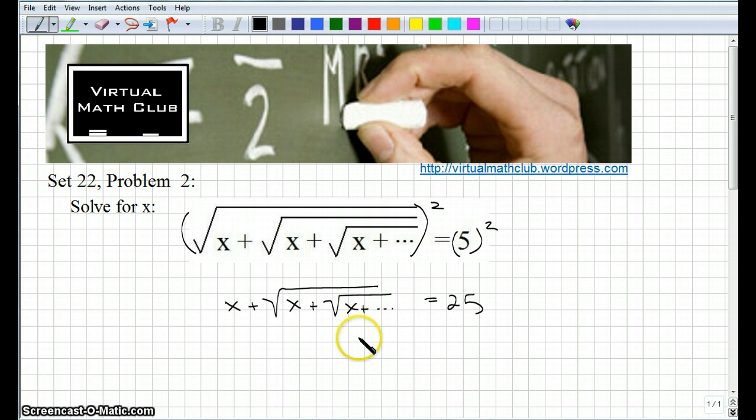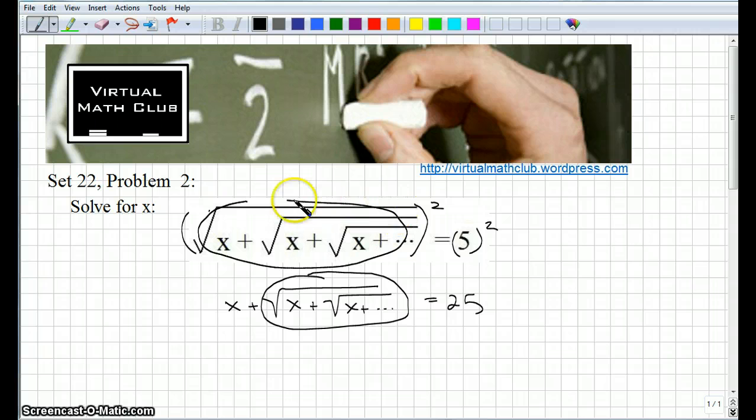The key to this problem is recognizing that this piece right here is the same as this piece right here, because it goes on forever. So we could write square root of x plus dot dot dot, and it's exactly the same thing. And we know what that's equal to. That was equal to 5.